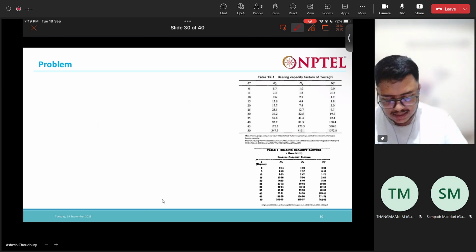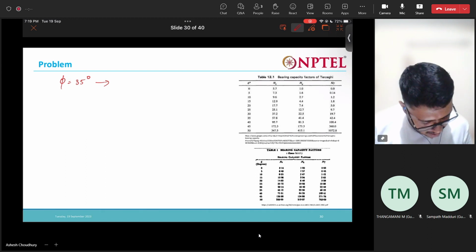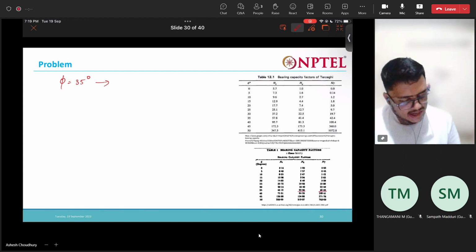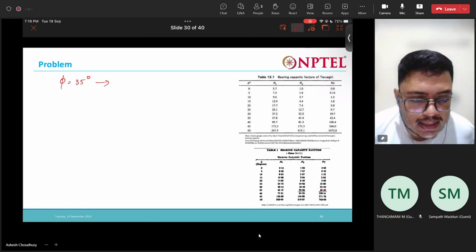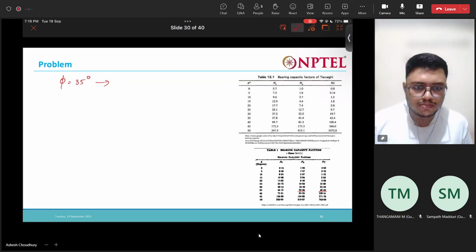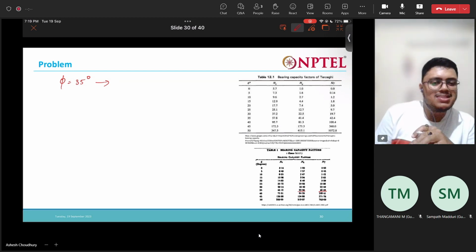In the solution that was done in the class, I saw that for 35 degrees they took these values. These values were given. Third, these values of Nq and N gamma were given: 33.3 and 48. But these values are actually taken from IS 6403.